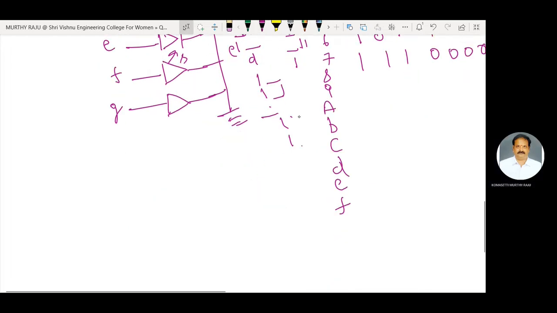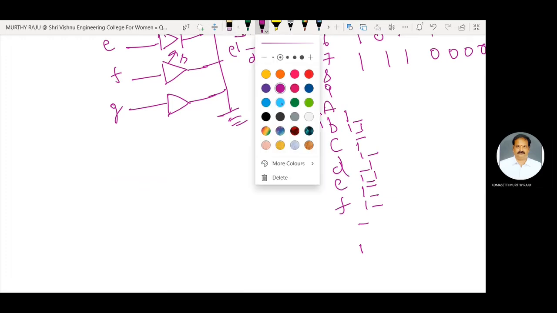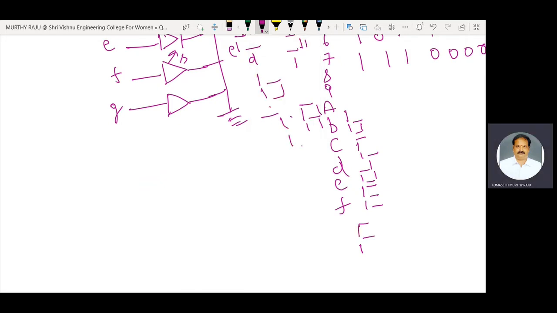For letter A, this one is A. B, this one is B. C, D, this is the D. Next, this one is E. F, this one is the F. For 0, this one is 0.